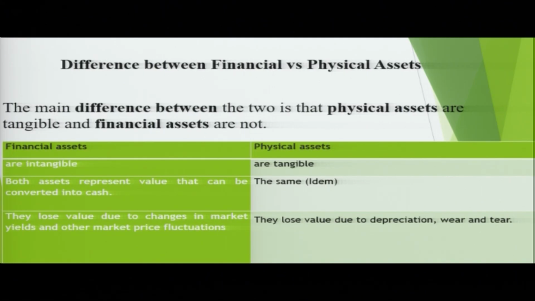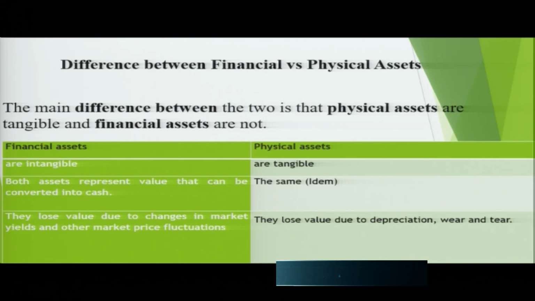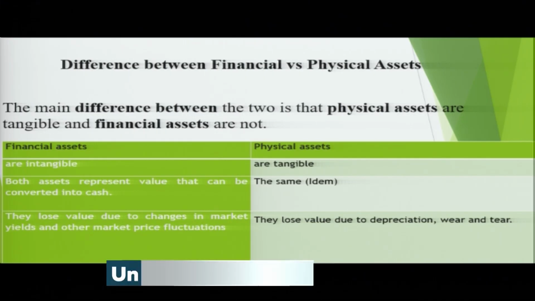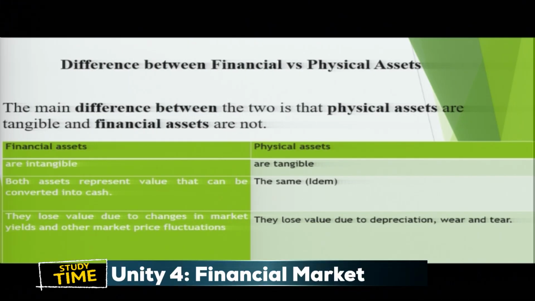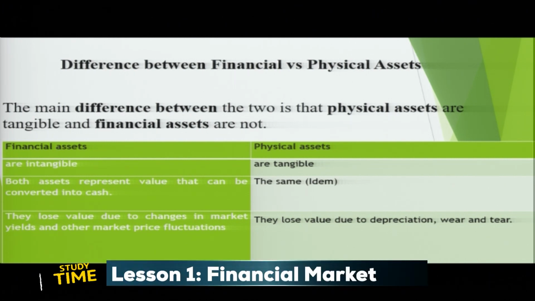How can you distinguish them? Okay? Yeah, thank you. So we say that the main difference between the two is that physical assets are tangible and the financial assets are not. Are we together?